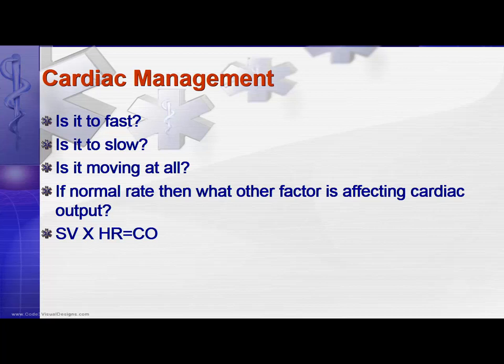Is it too slow? Is it moving at all? That's going to be the easiest to treat there, right? And if it's a normal rate, then what other factor is affecting cardiac output? So again, remember, stroke volume times heart rate equals cardiac output.